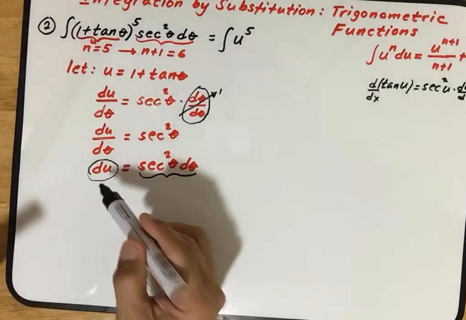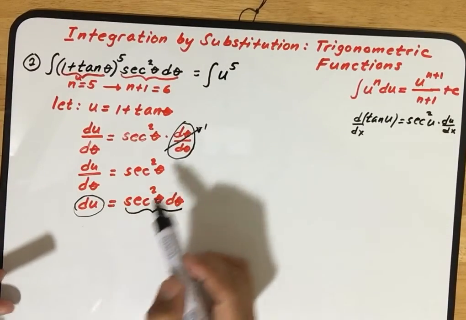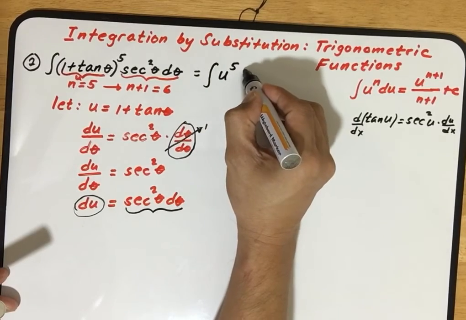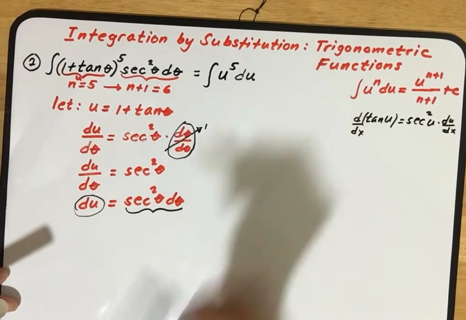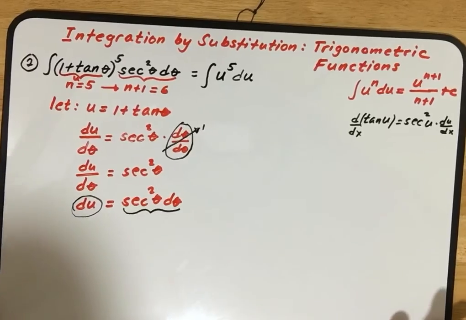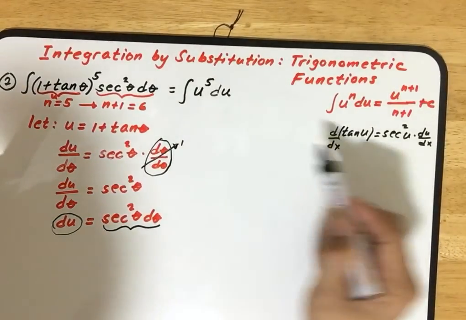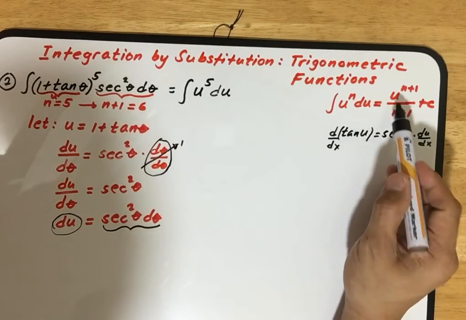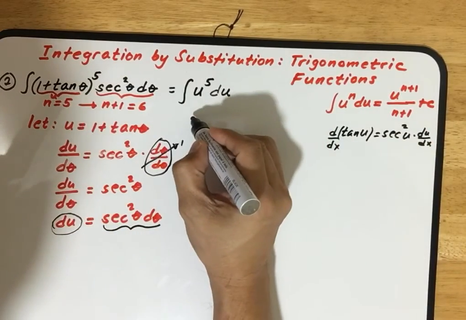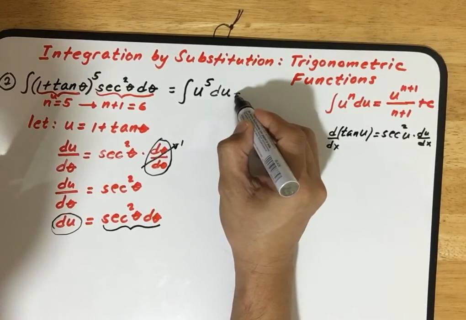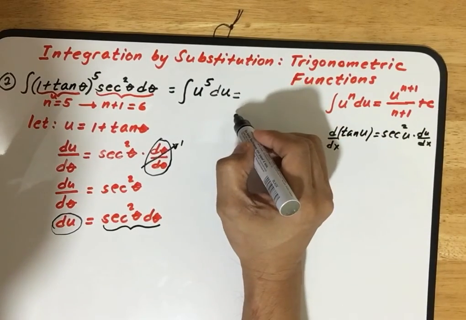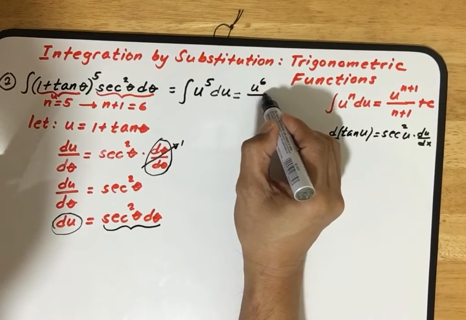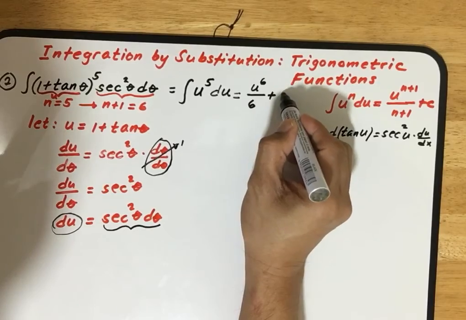Alright, so substituting this, instead of writing secant squared theta d theta, since this is equal to du, you just write it here as du. Then this is now in the form of u to the n du, so we can now use this formula. This is equal to u to the 6th power divided by 6, then plus c.